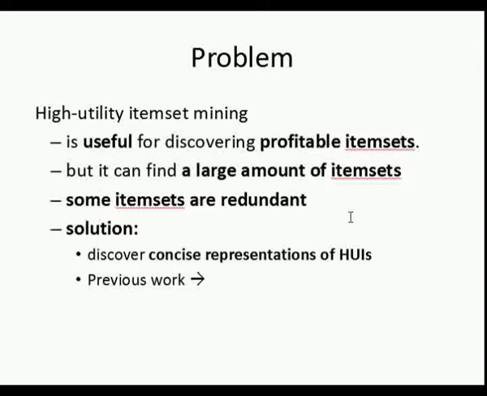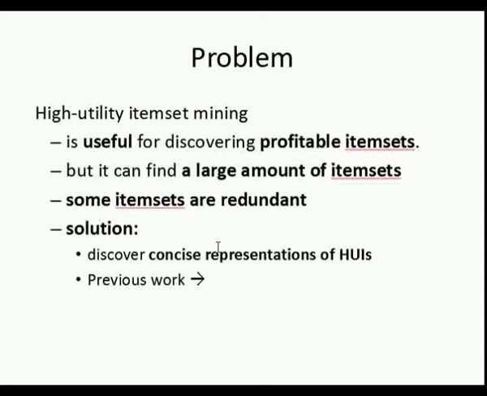We find maybe too many patterns, and we want to find a summary of these patterns instead, to make it easier for the user to understand them. So one solution, not just ours, but a solution in general, is to find some summary, some concise representation of high utility item sets.